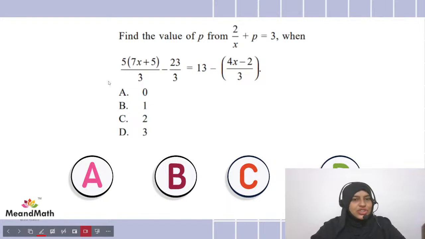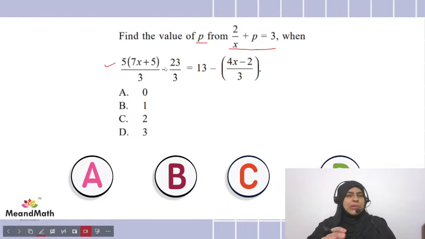This is your next question. Find the value of p from 2 by x plus p is equal to 3, when this is your equation. Now apply your concept, apply your formulae and try to solve it. It's really simple.